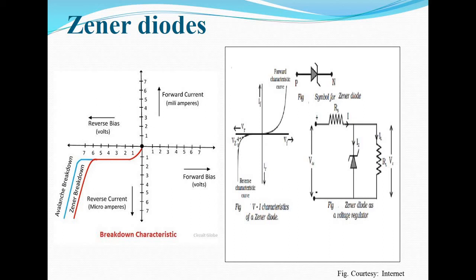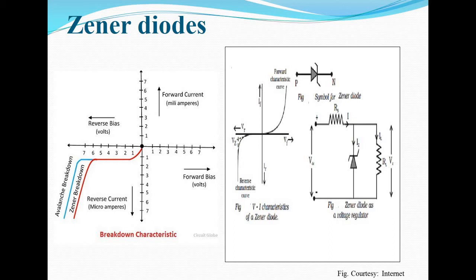That means in avalanche breakdown we require high voltage for the breakdown, but in Zener breakdown only a low reverse voltage is required for the Zener breakdown to take place. So that is the difference between avalanche breakdown and Zener breakdown.